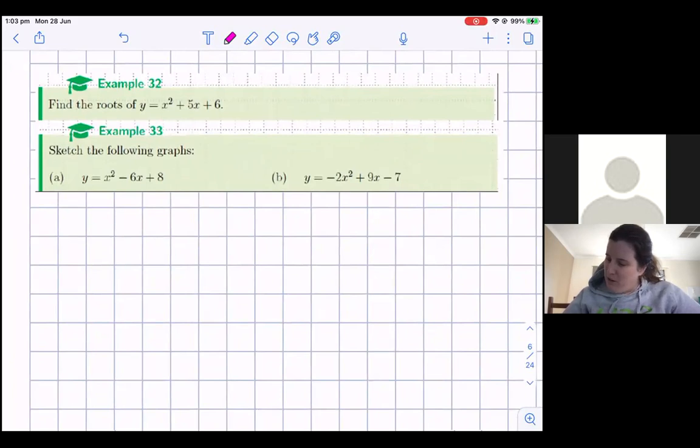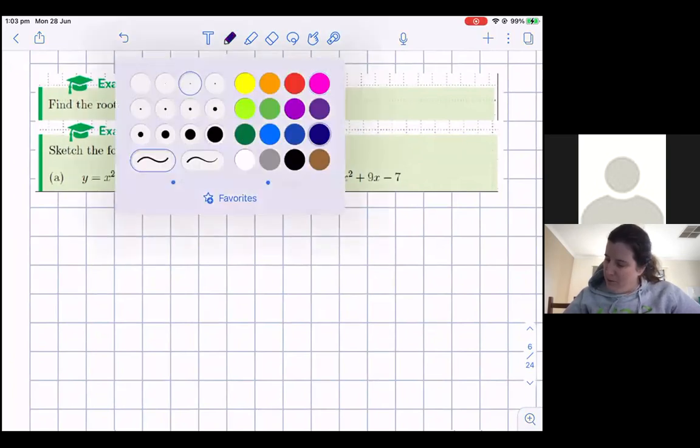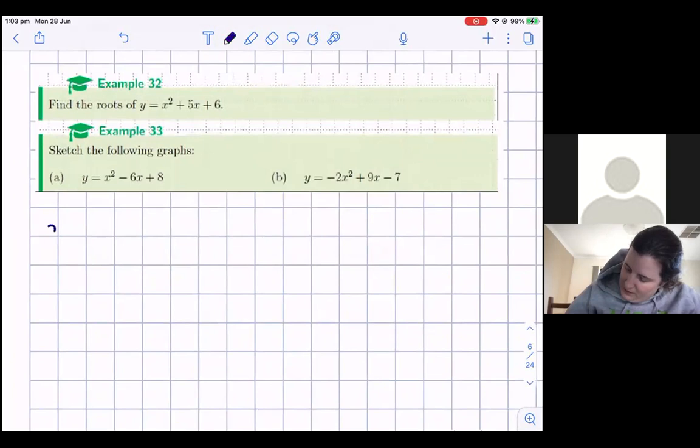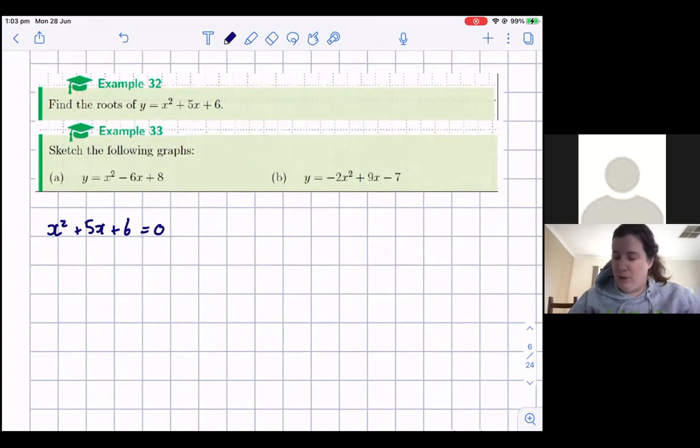So essentially we're solving whenever this equals 0. So x squared plus 5x plus 6 equals 0. You could use a quadratic formula, but that's kind of overkill. Factorizing is your friend here. We want to PSF it. So product is 6, the sum is 5.